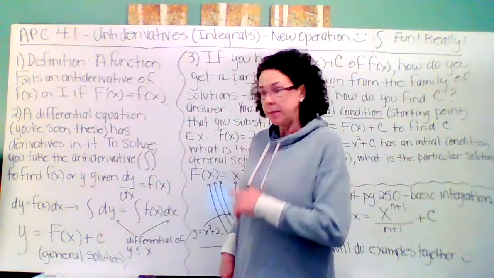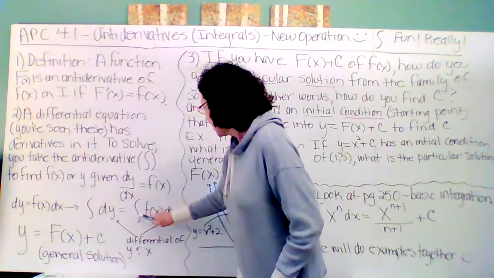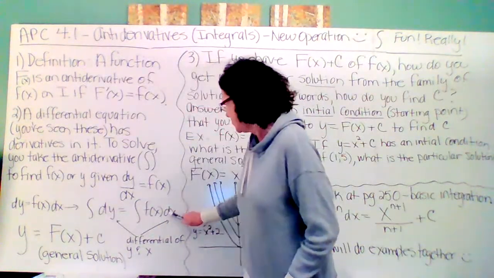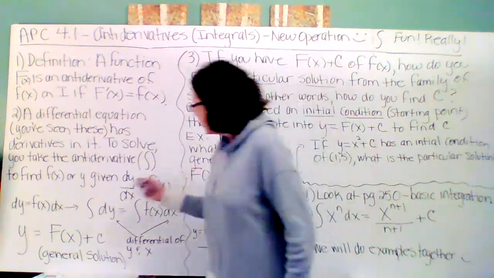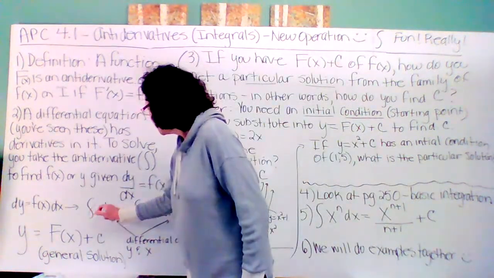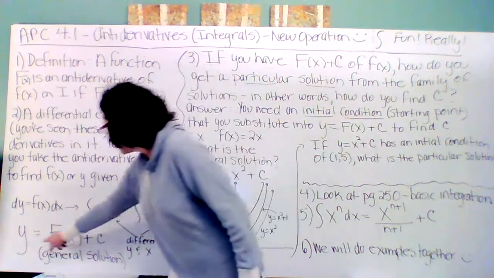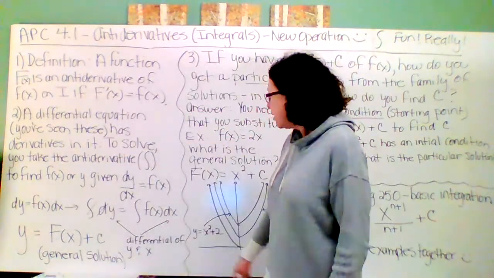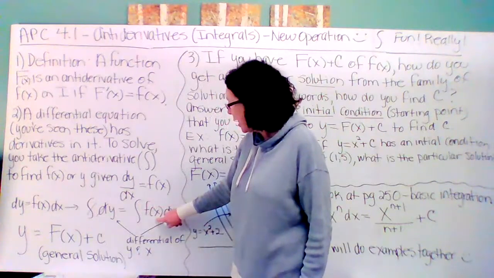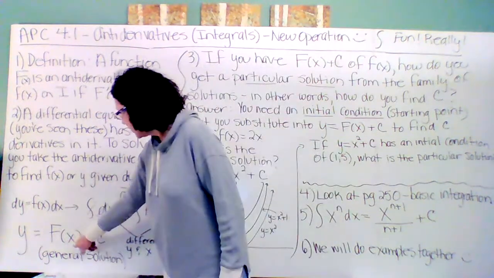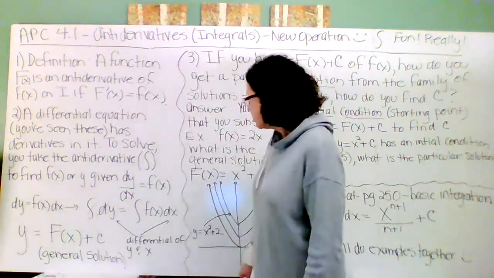So let's integrate both sides. Let's do the inverse operation of a derivative, right? And so what happens here is the antiderivative and the derivative cancel, and I'm left with y. We write the antiderivative of a function as a capital F of x plus c.